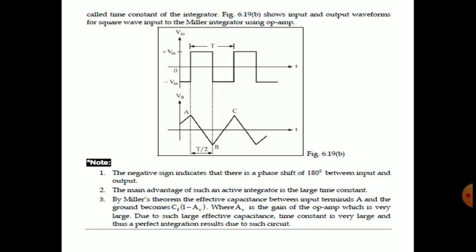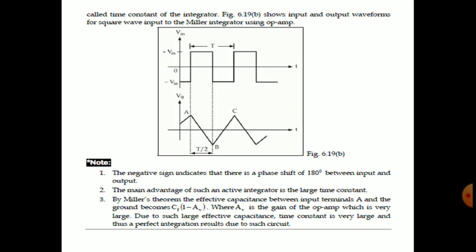If you do step by step integration of these constant values, in the square wave we have some positive value and negative value, and there is a pulse connecting these.